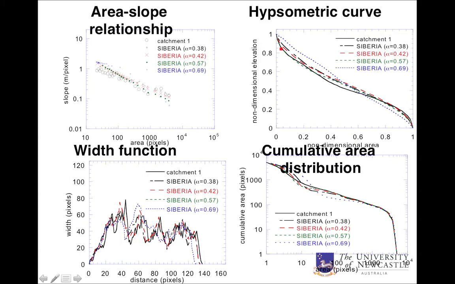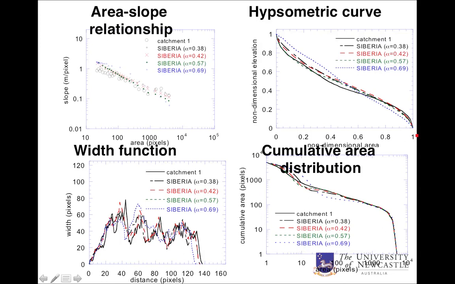The hypsometric curve, right? It's a non-dimensional elevation. So they take the maximum elevation in the catchment and look at the cumulative area down the catchment, right? So non-dimensional area. Starting off at the top of the catchment, you have no contributing area to a point, and then right at the bottom of the catchment you have zero relative elevation, sorry, and all the landscape is potentially flowing through that point.